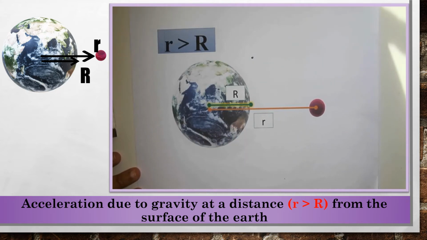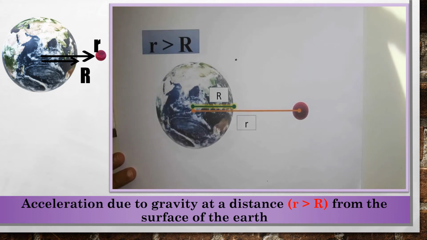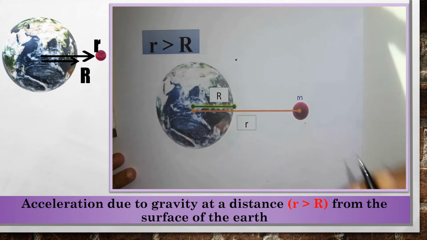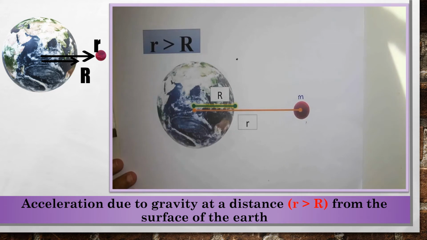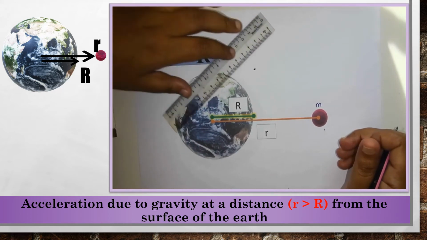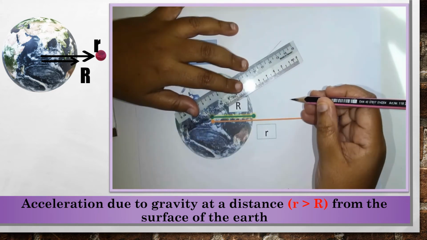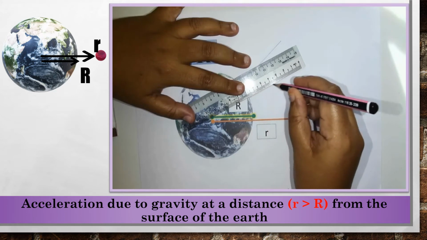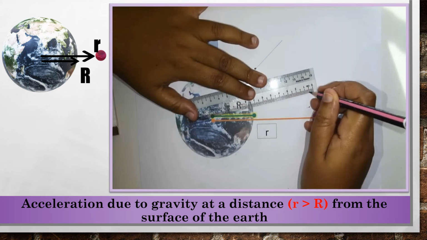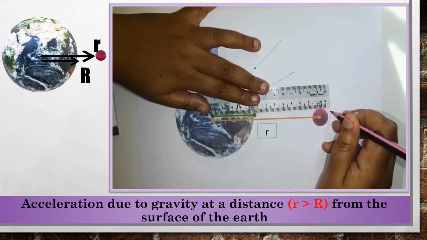Now when there's a mass m here, this mass m enters into the gravitational field of the earth. You can also draw the gravitational field of the earth, which is towards the center of the earth.